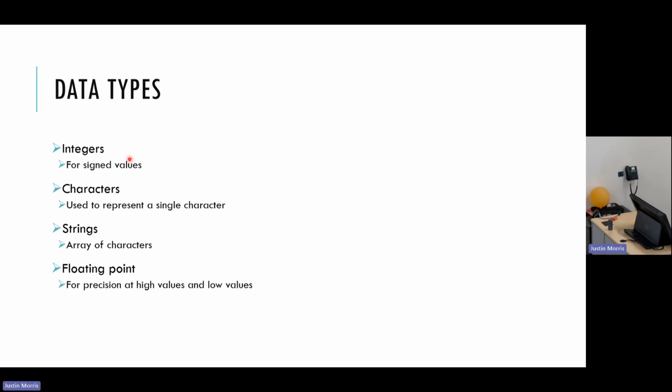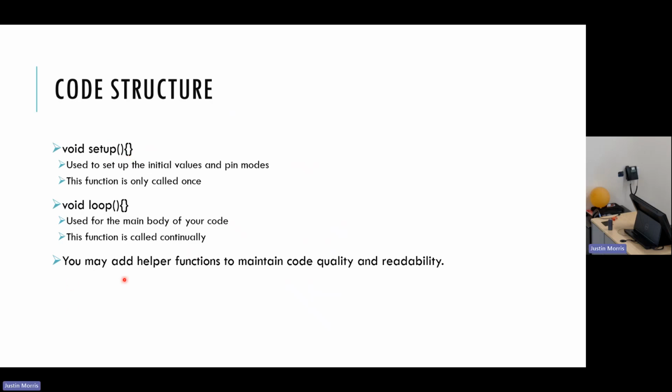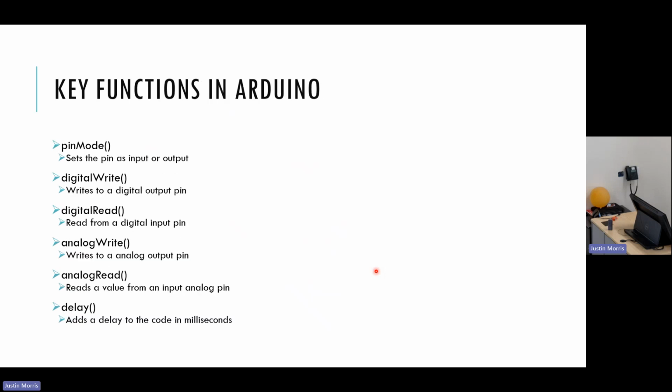And going back to this, maintaining code quality and readability, sure, you can put the number 13 into the input of this function, and that would work just fine. But it may be beneficial to make a constant called LED pin or something like that, and make that 13, and then use that as the input into this function.